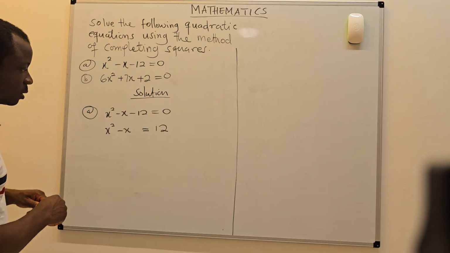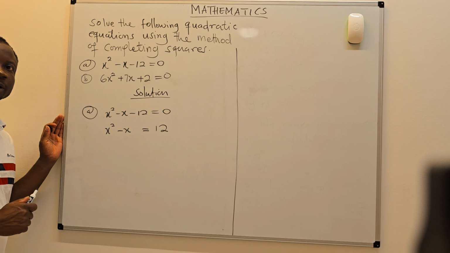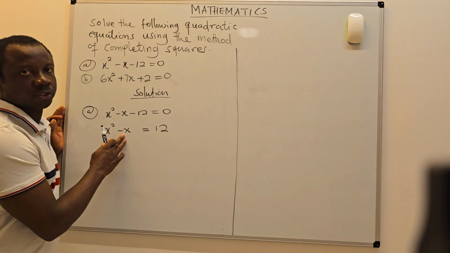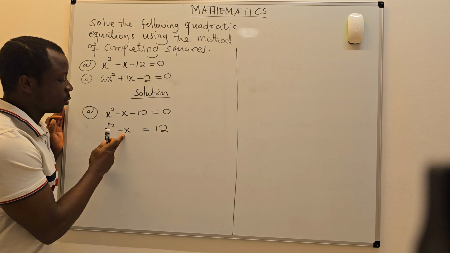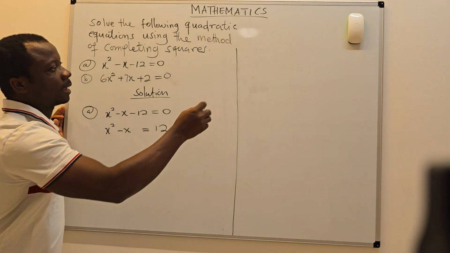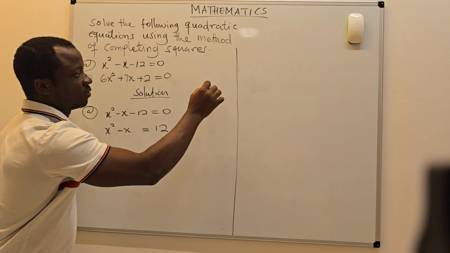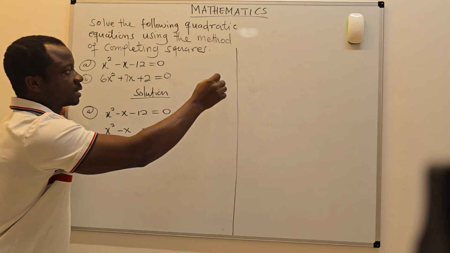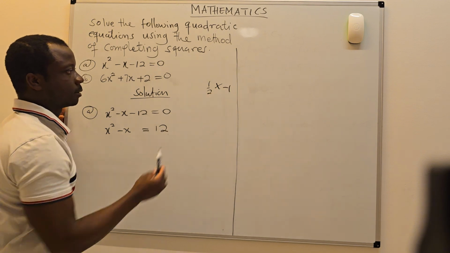Now that I have this, we are going to consider the coefficient of the x here, which is negative 1. We are going to multiply half, that is 1 over 2, by the coefficient, negative 1.